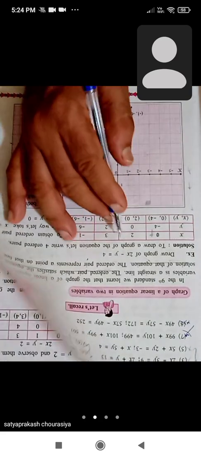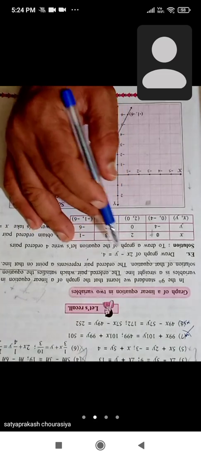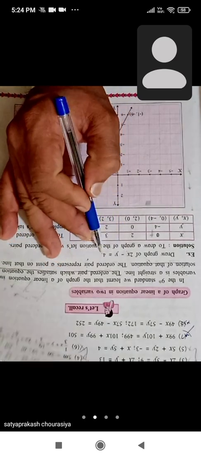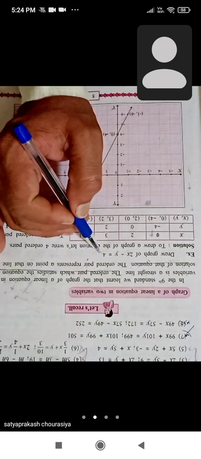Okay, and when you take the x value as 3, you get 2 into 3, which is equal to 6, and 6 minus y is equal to 4. And when you bring this 6 to the right hand side, it becomes minus 6.